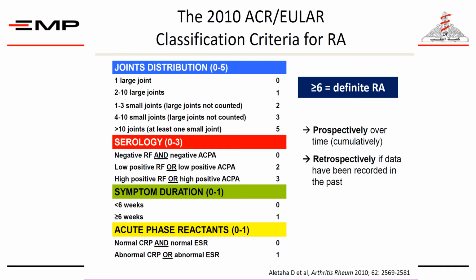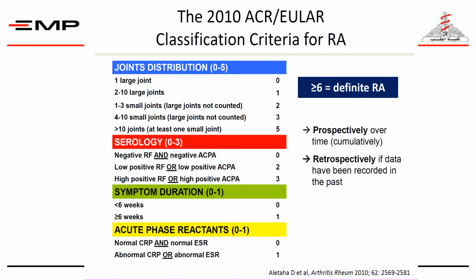The total score is out of 10. To define the patient as having rheumatoid arthritis, the patient has to have 6 or more points from these 10 points.